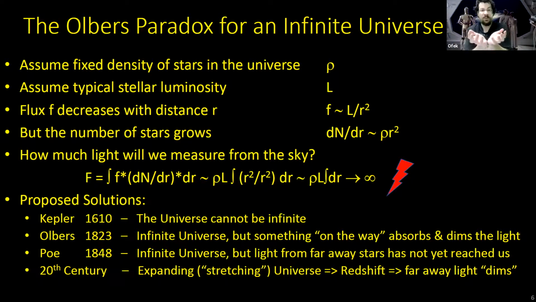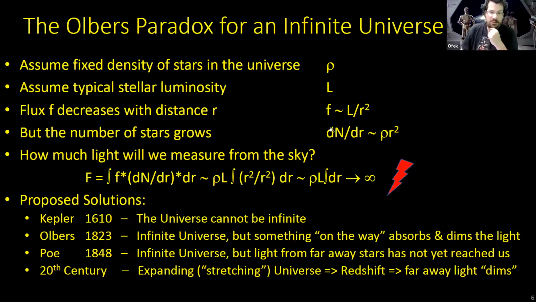The surface area of the sphere is 4 pi r squared. So if you have energy L from the center, you'll have L over r squared coming out of it as flux at any radius r. If you look at the number of stars at radius r, or on the same spherical shell of radius r, then it'll go like rho r squared.